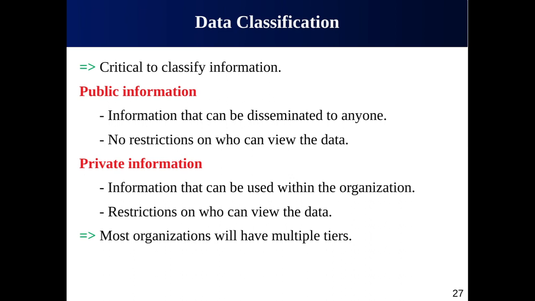So you must define what is public information that can be disseminated publicly to anyone, and private information that is intended only for use internally within the organization. And this type of information can potentially embarrass the company if you disclose it to outsiders. So this is a two-tier approach to data classification. Most organizations will have multiple tiers in practice.